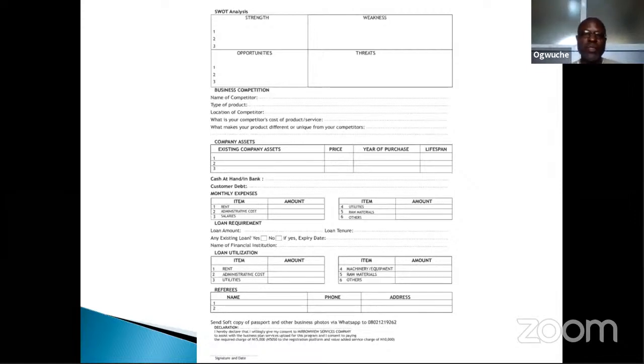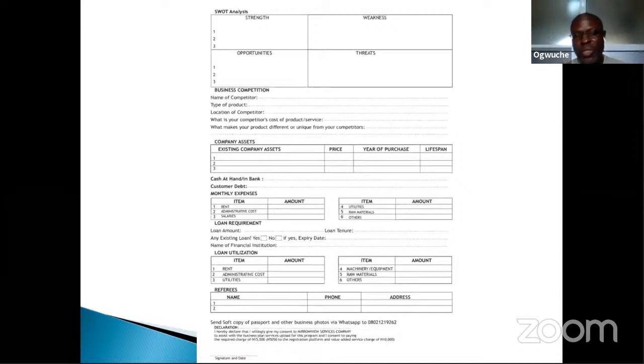SWOT is also an acronym which stands for strengths, weaknesses, opportunities, and threats. Any business that you want to go into, you want to do an analysis of the strength of your business, and how competitive it can possibly be, and whether after you do the SWOT analysis, it will be worthwhile to still go into the business.